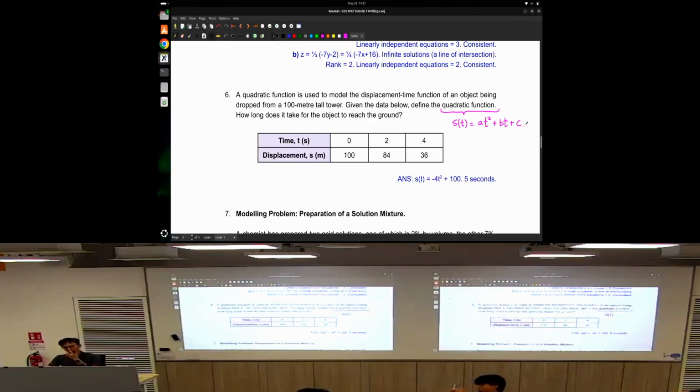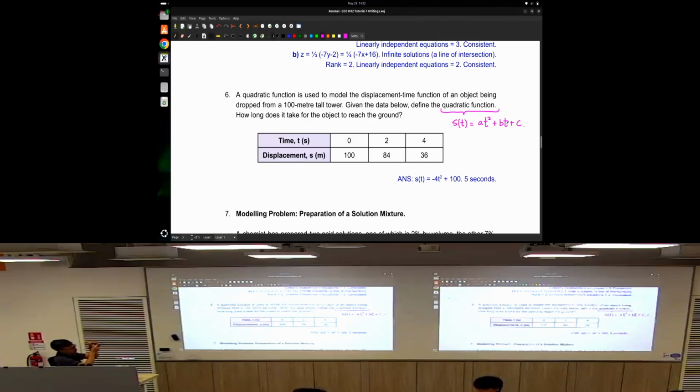If your object is dense enough and the air resistance is small enough, let's say a very dense aerodynamic object such as a sphere, then this function is pretty accurate at describing the motion of that object. Hence we want to find out what A, B, and C are.